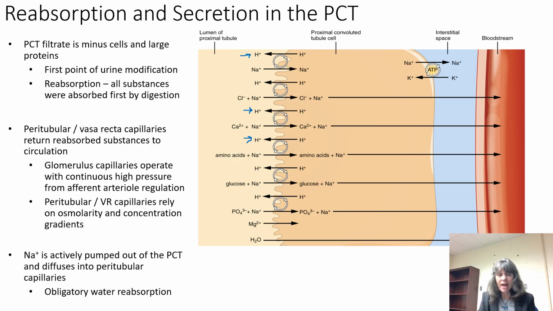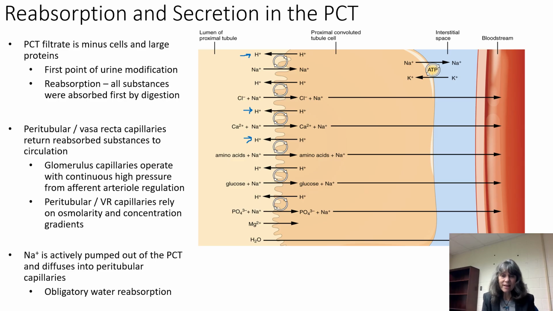Those peritubular capillaries are going to turn into vasa recta capillaries, and a lot of these reabsorbed substances are going to continue to move into our blood circulation.